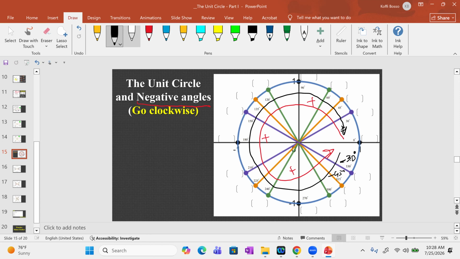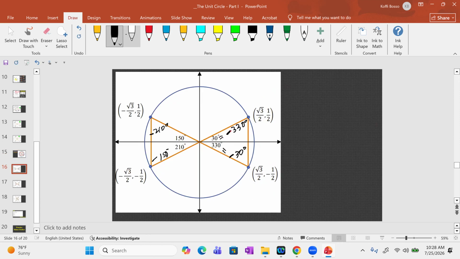To see this clearly, let's go back here and break it down again. For the 30-degree angle, if you want to use negative angles, know that the 30 degrees represents negative 330, and 330 represents negative 30. Same thing for 210, you just switch.